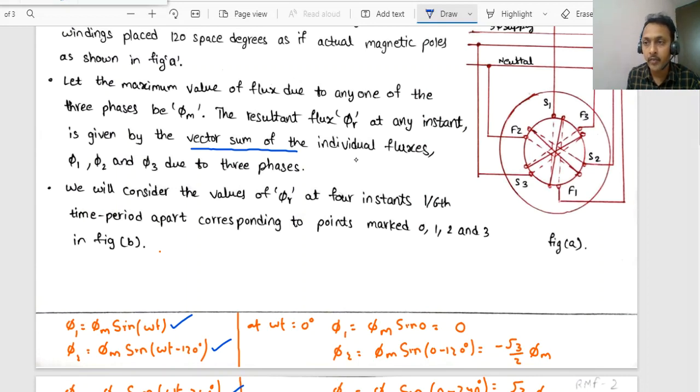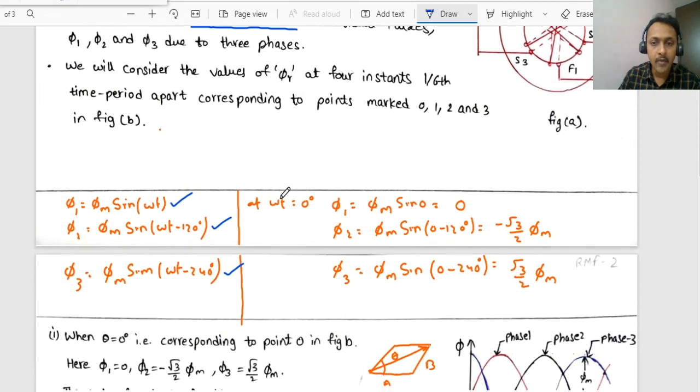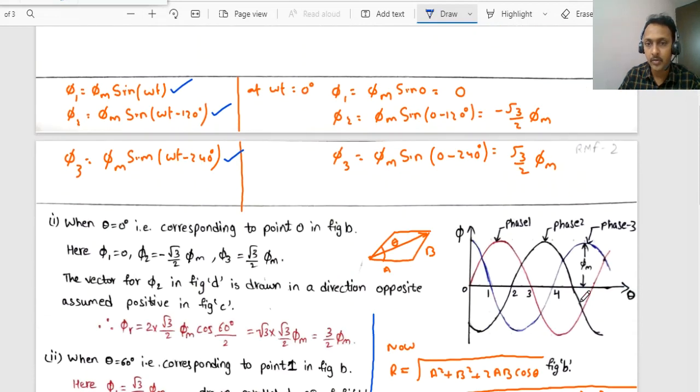Instead of calculating for each and every degree in the span of 0 to 360 degrees, we will focus on the resultant values at different instants. For example, what will be the value of resultant flux at omega t or theta equals 0.